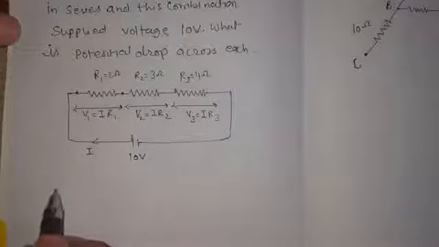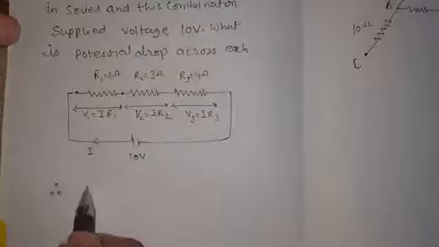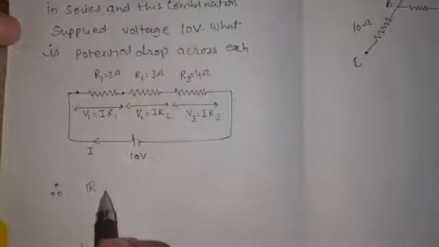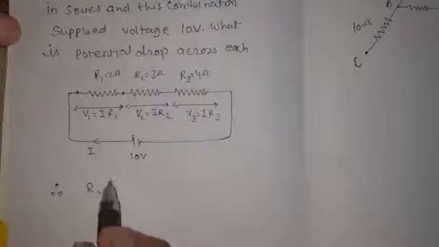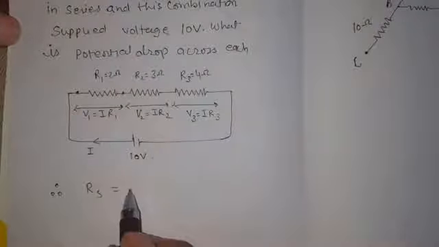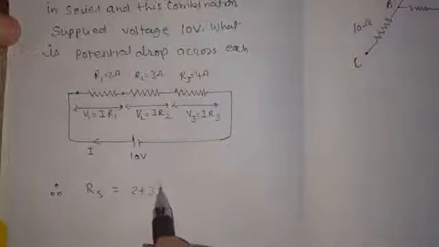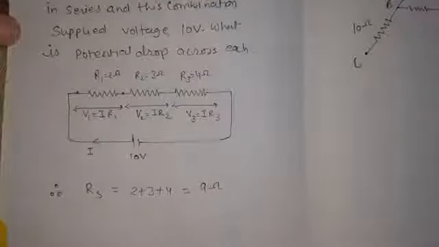So how much is the total resistance of this combination? They are all in series, so we simply add them: 2 plus 3 plus 4, which is 9 ohm. This is the total or equivalent resistance of the circuit.